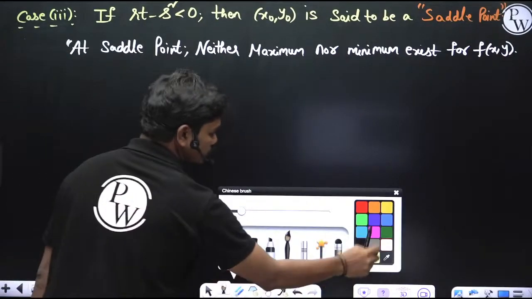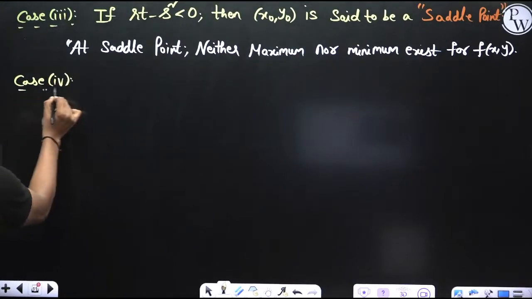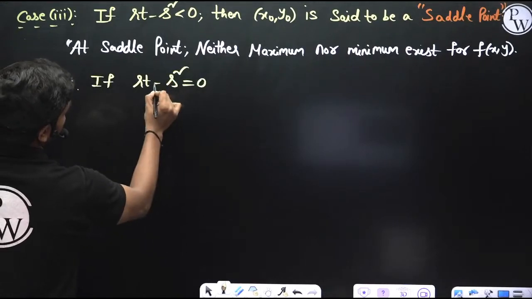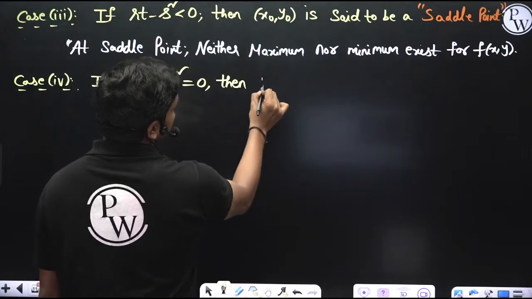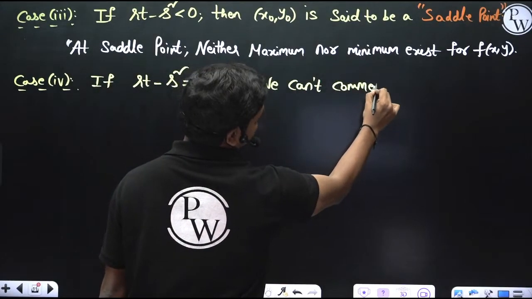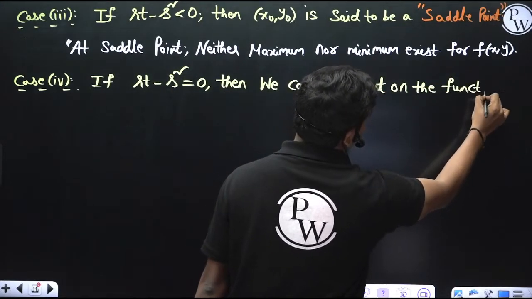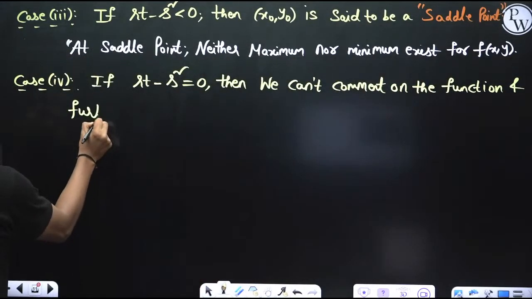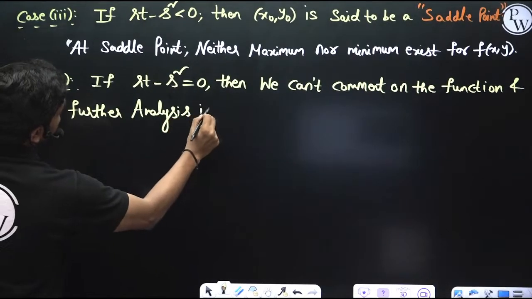And case 4, if rt minus s square is equal to 0 actually, okay. So if the rt value is exactly equal to s square, then we can't comment on the function, and further analysis is needed to comment.